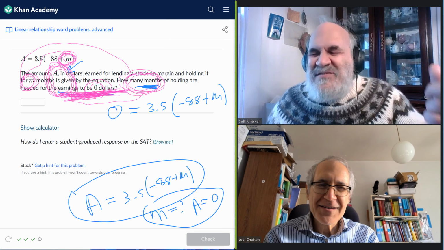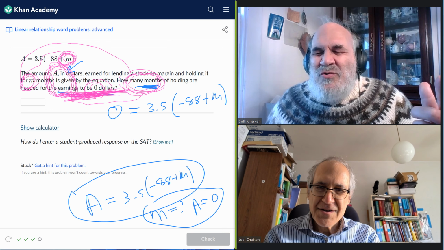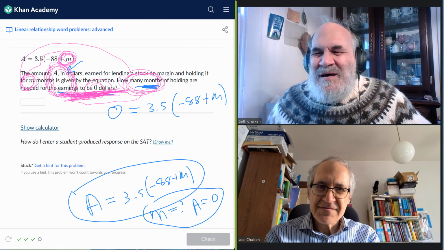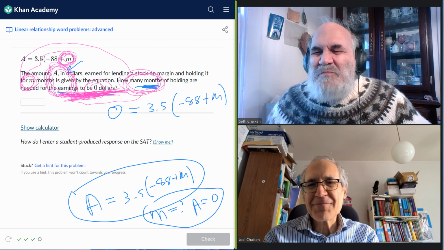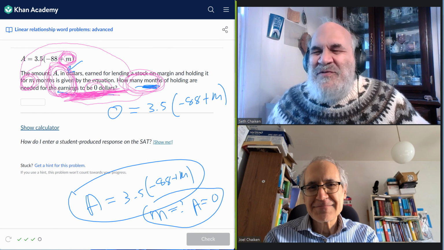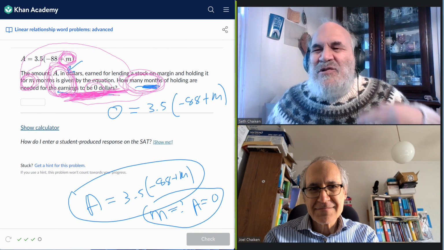When you buy a stock on margin, I think it means you sell the stock. You borrow the stock and then you sell the stock, right? And then you hope that in the future you could buy the stock back at a lower price.